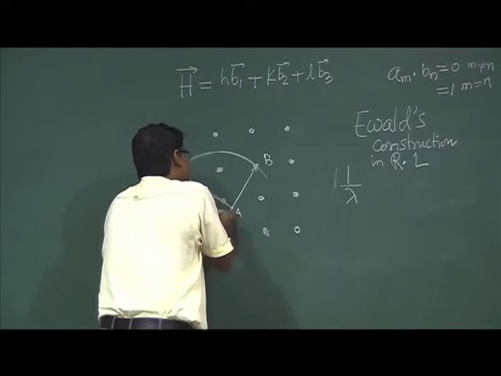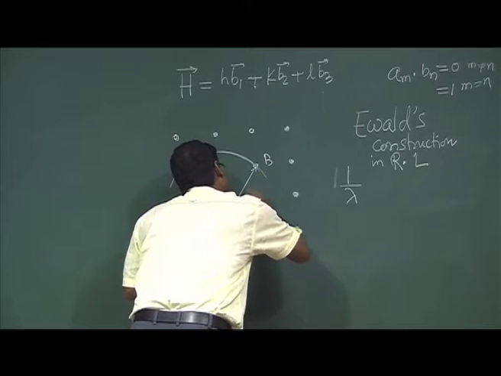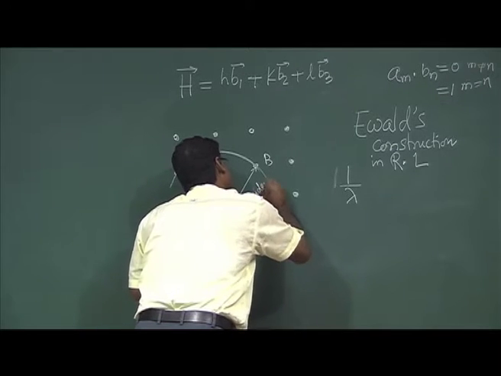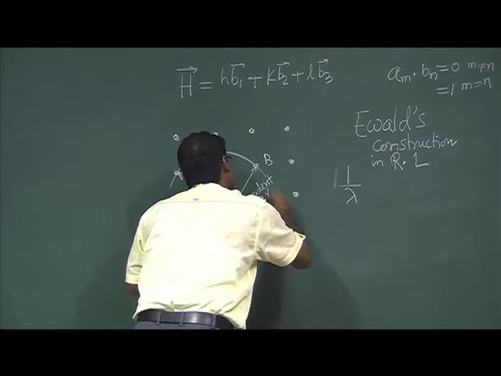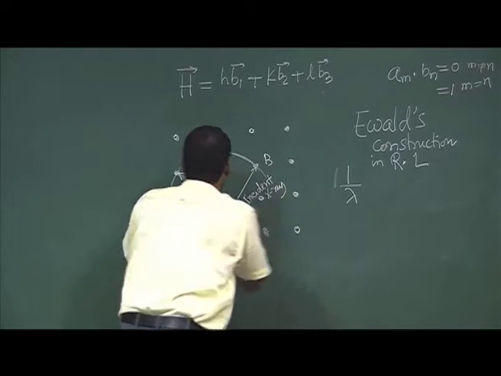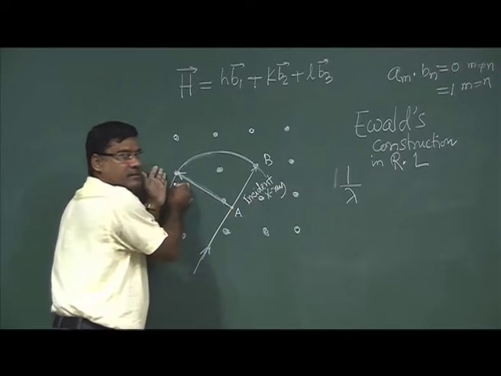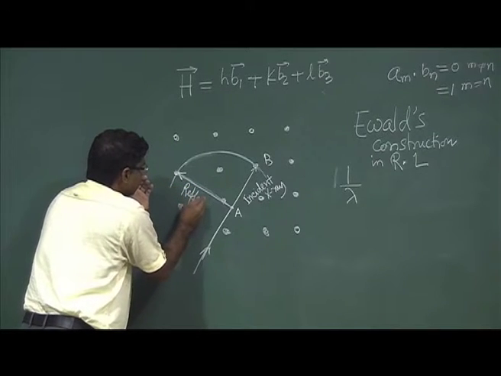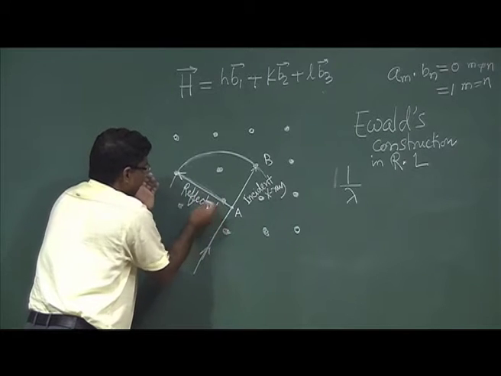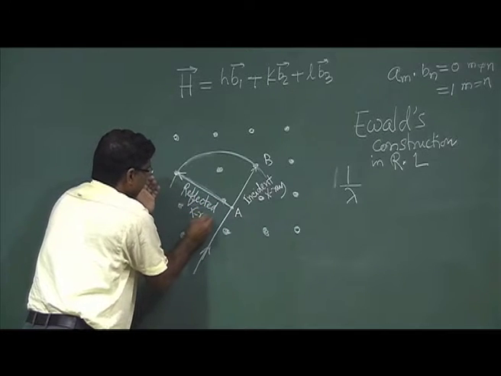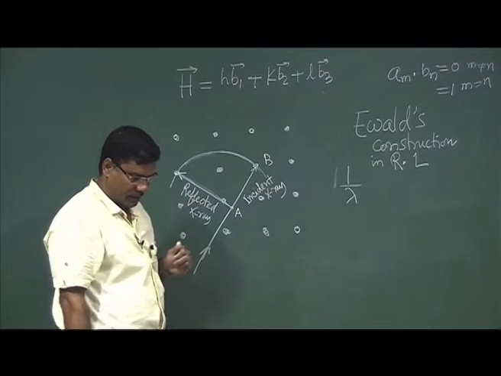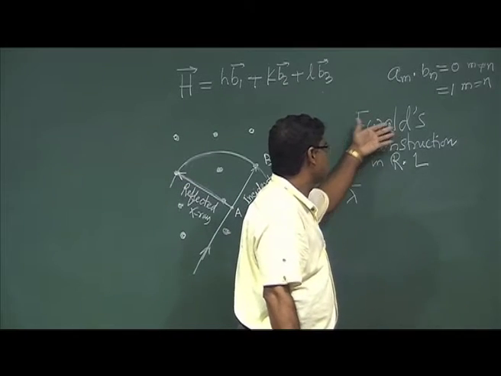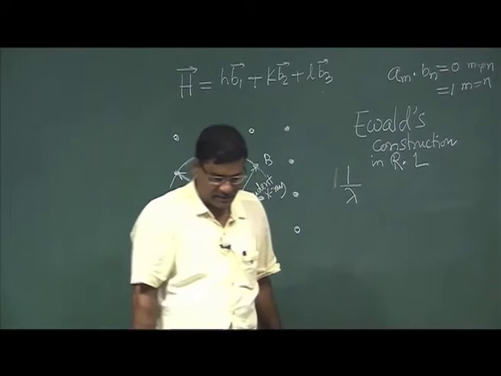So if this is the incident X-ray direction, then this will be the reflected X-ray direction. This basically is called Ewald's construction in reciprocal lattice.